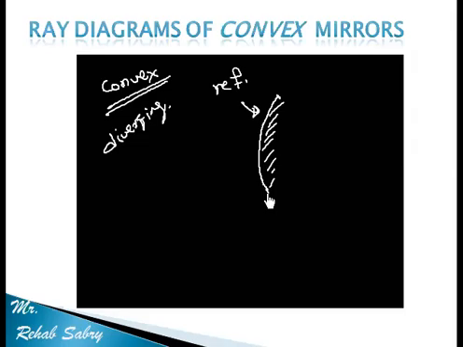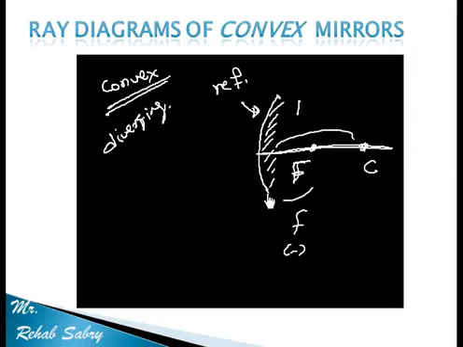Where is C and F? This is F, and this is C. They are behind the mirror. So if I ask you, can you guess the sign of the focal distance here? Yes, it's negative. Can you guess the sign of R here, which is 2F, by the way? It's negative. Why?